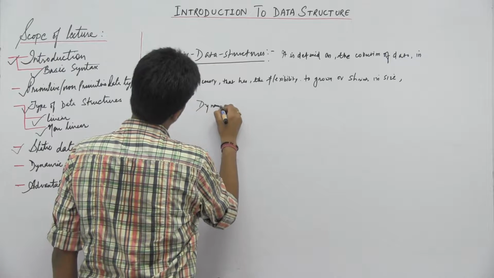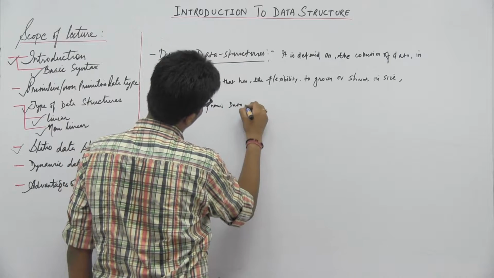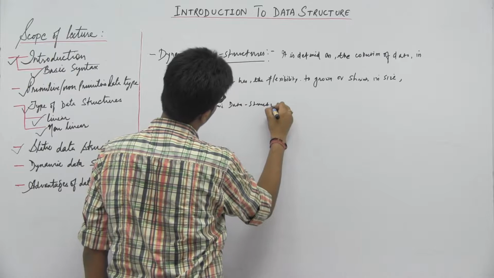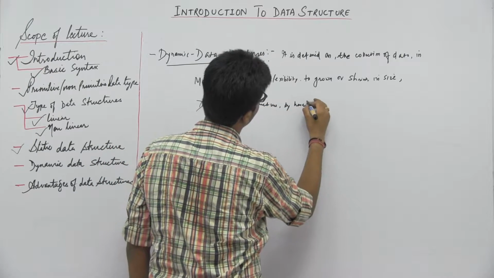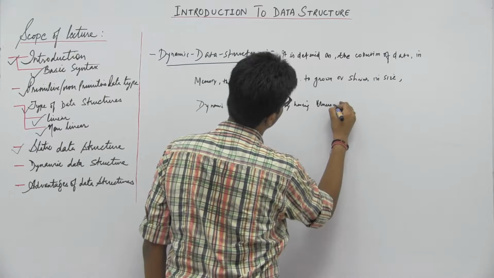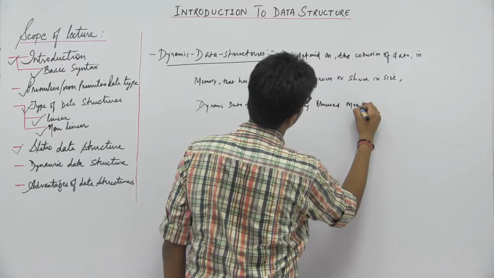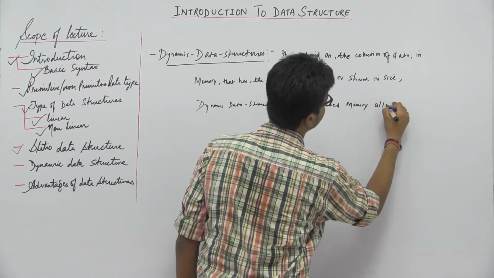A dynamic data structure works by having unused memory allocated.